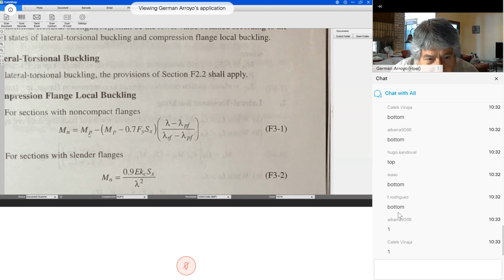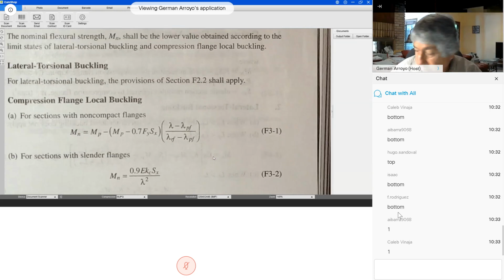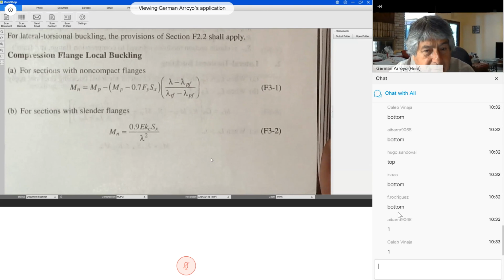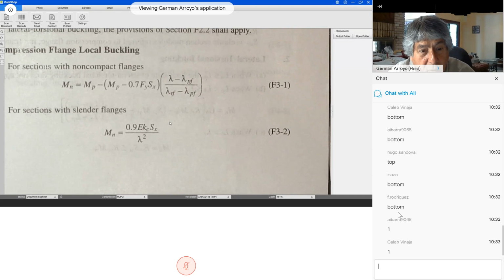It has M sub p and M sub r, but instead of the unbraced length, it uses lambda, that is b over 2 times the thickness of the flange, lambda sub p of the flange, and lambda sub r of the flange. And for sections with slender flanges, meaning when lambda is larger than lambda sub r, we use this equation.